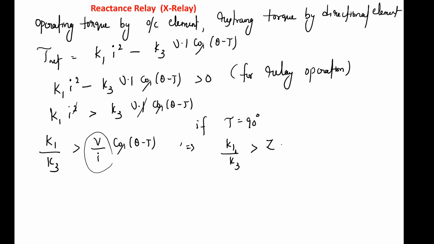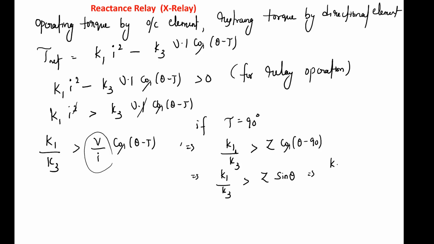Cos of 90 minus theta is how much? Sin theta. So K1 by K3 should be greater than Z seen by the relay into sin theta. Z into sin theta is how much? Reactance.